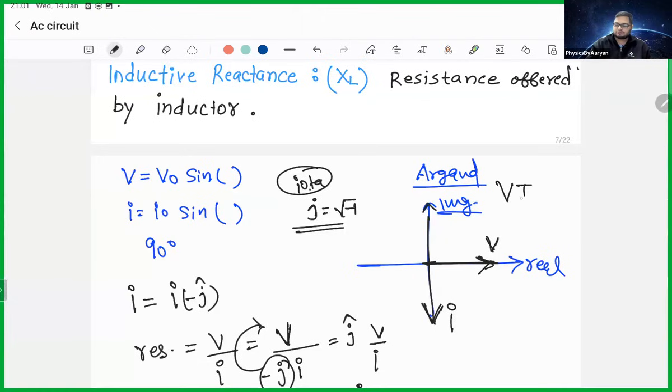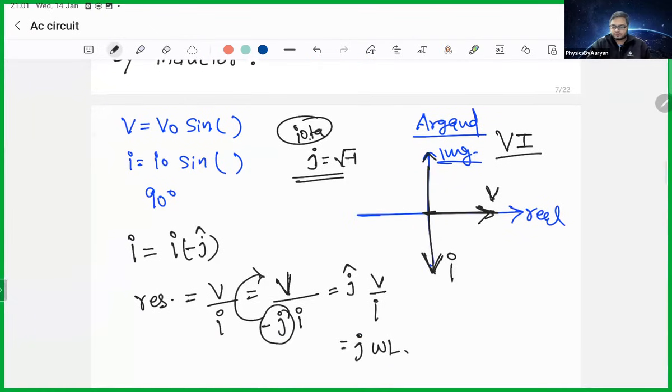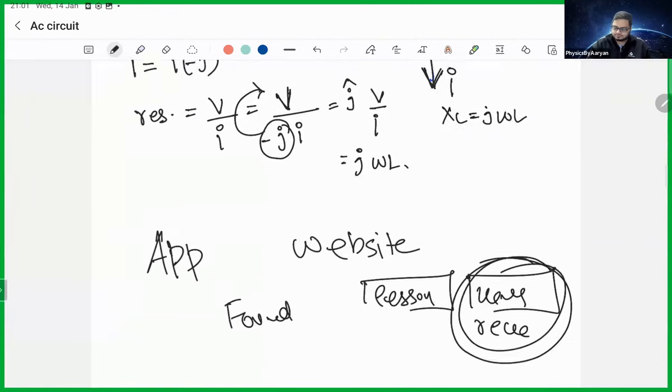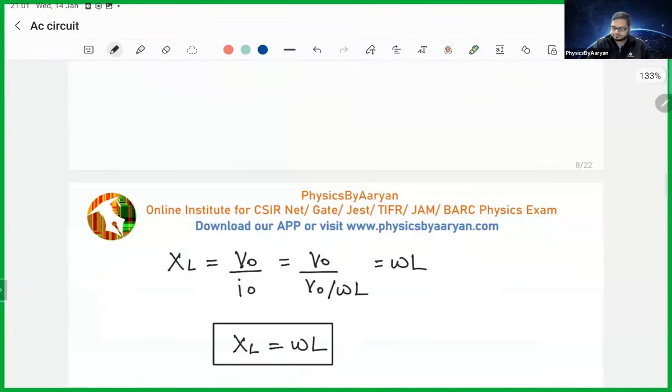This is a phasor diagram. I can draw it, but I don't. You can say this is your omega L, this is your XL, because XL equals J into omega L. You can definitely make it, but we usually don't. But you can, there's no problem.